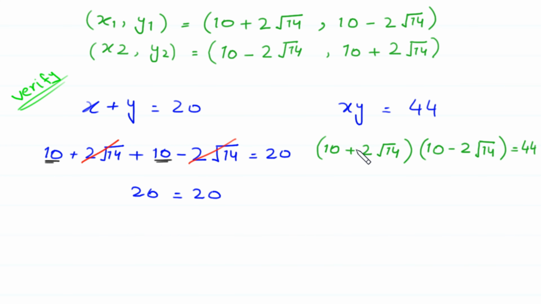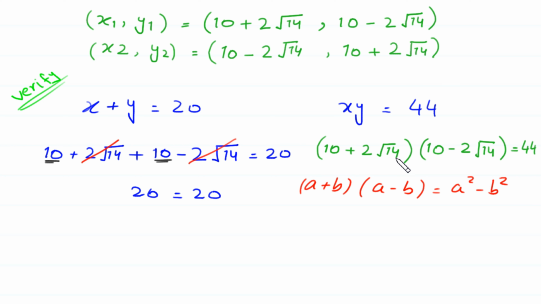Now here we have 10 plus 2 times square root of 14 times 10 minus 2 times square root of 14. So according to the algebraic identity, a plus b times a minus b is equal to a square minus b square.